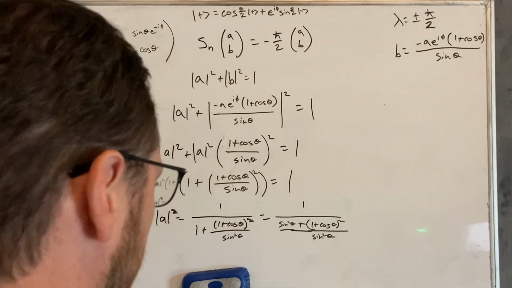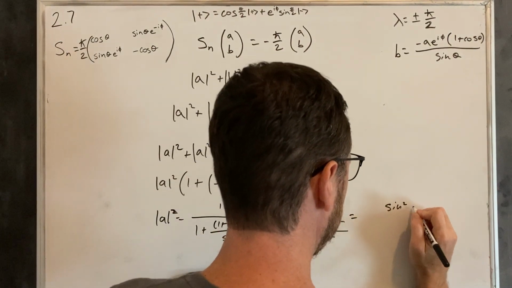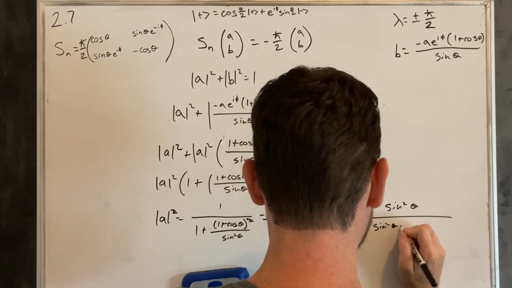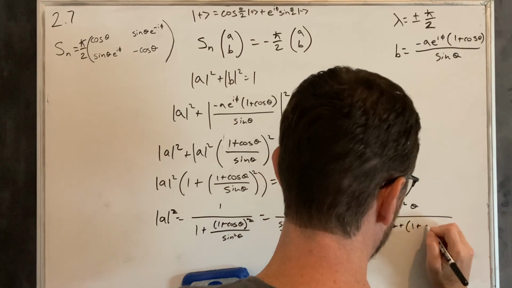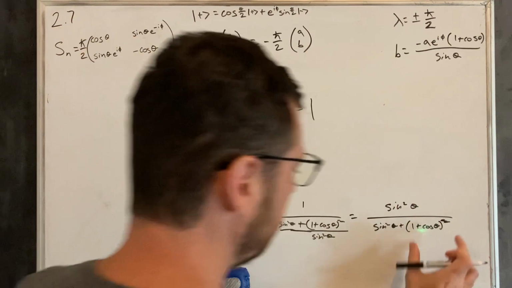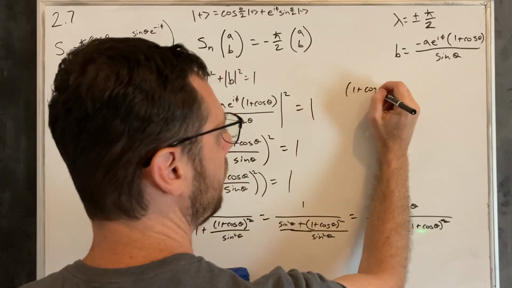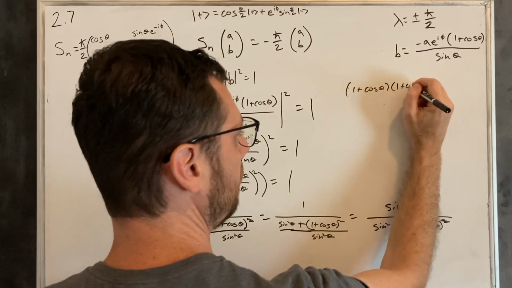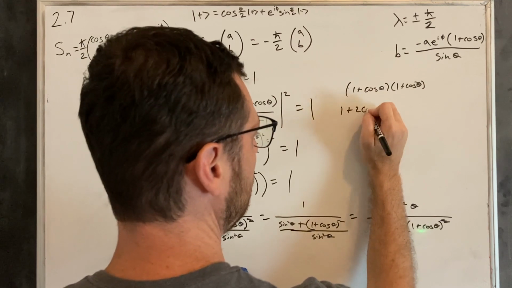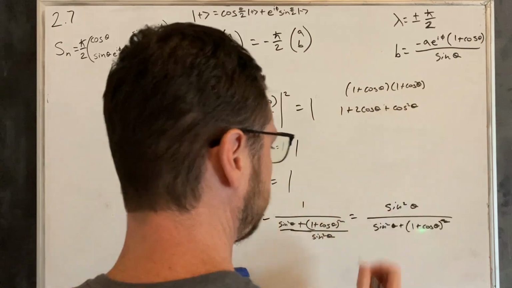All right, then we can flip the fraction now just to kind of shrink it down. So it's going to be sine squared theta over sine squared theta plus 1 plus cosine theta squared. And let's go ahead and expand out this term here. So 1 plus cosine theta, 1 plus cosine theta. We have 1 plus 2 cosine theta plus cosine squared theta.